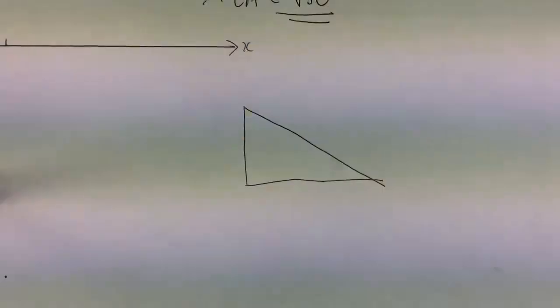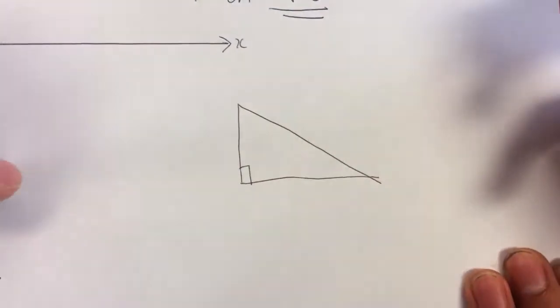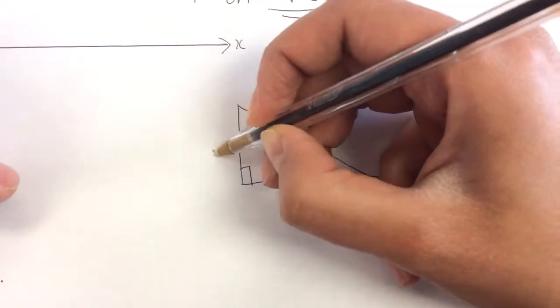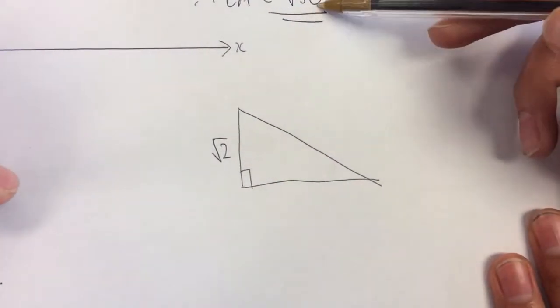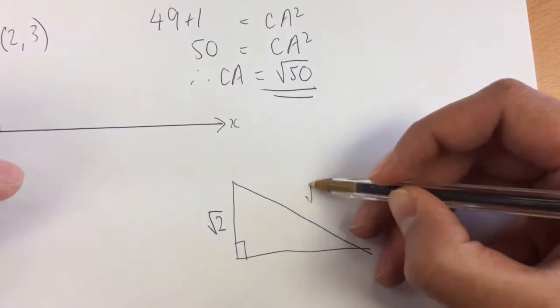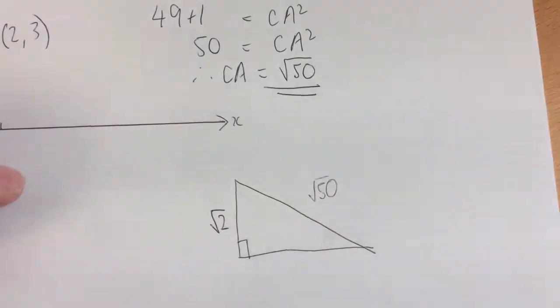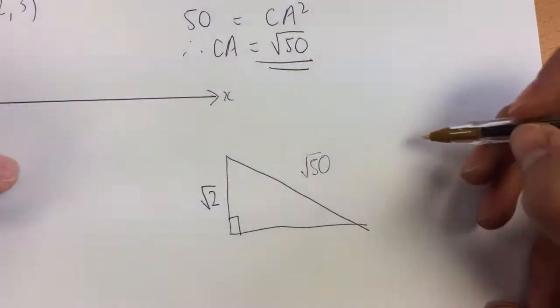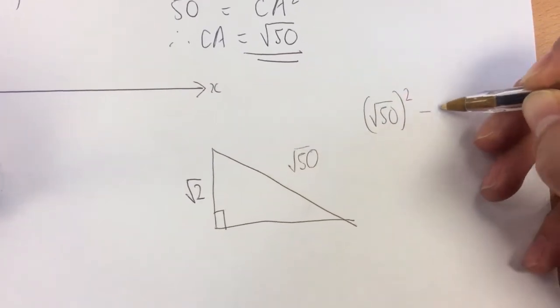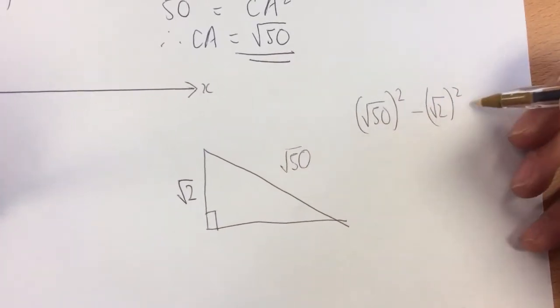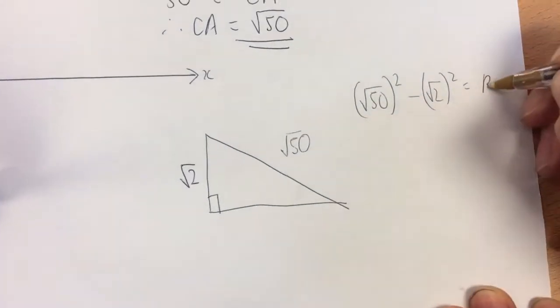And what do you do here? So from the previous question, we were told that the radius was the square root of 2, and from the exercise we did before, we found that the hypotenuse was the square root of 50. And then this time we do the square root of 50 squared minus the square root of 2 squared equals the length of BA squared.